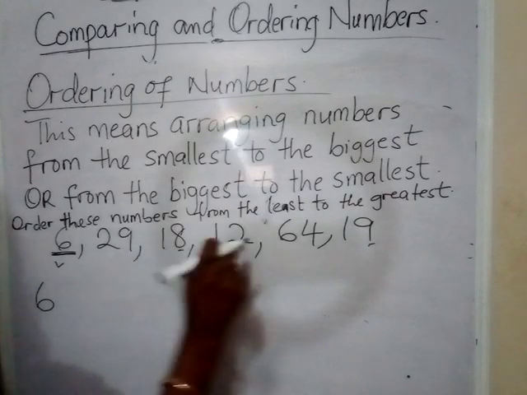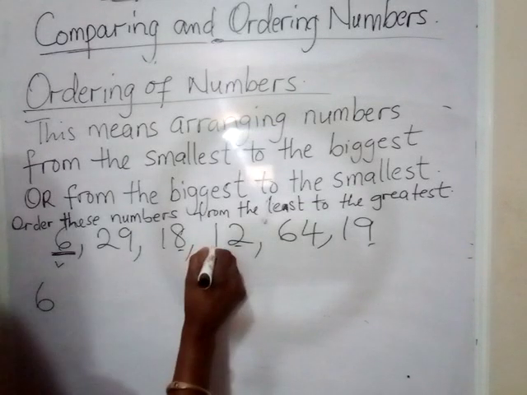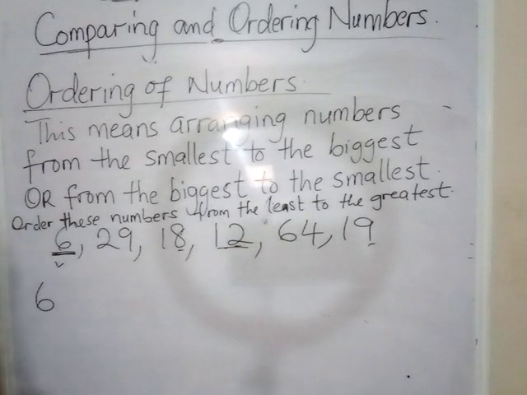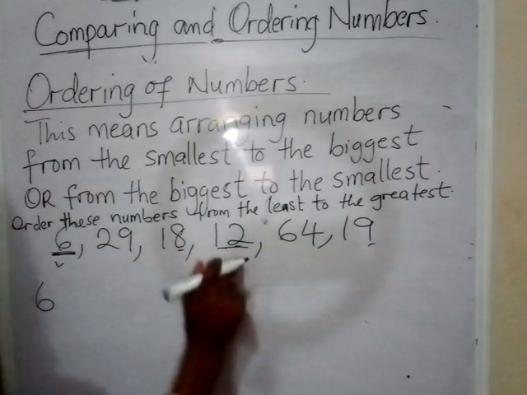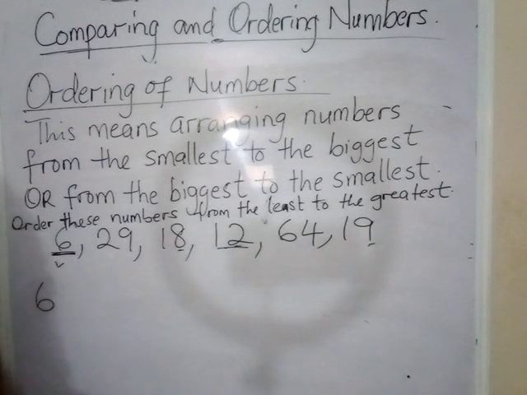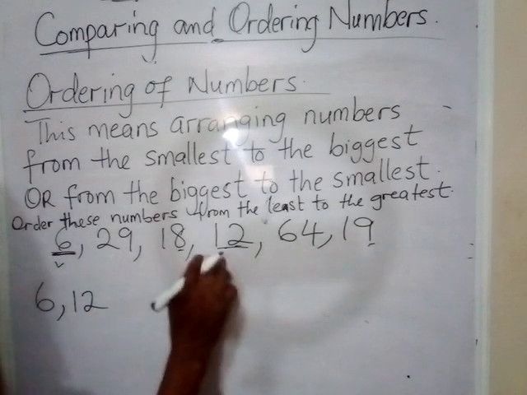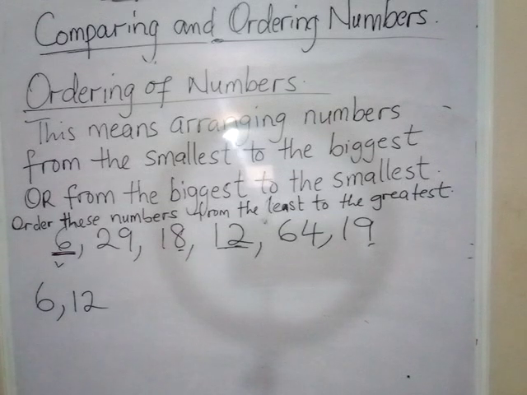It's 2, of course. So the number that has 2 in the units position among these 3 numbers that have 1 in the tens position is the smallest. That number is 12, 1 and 2.